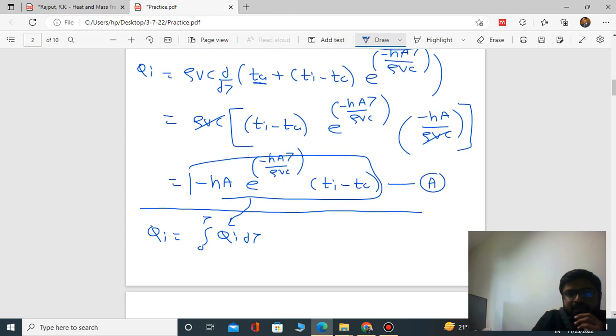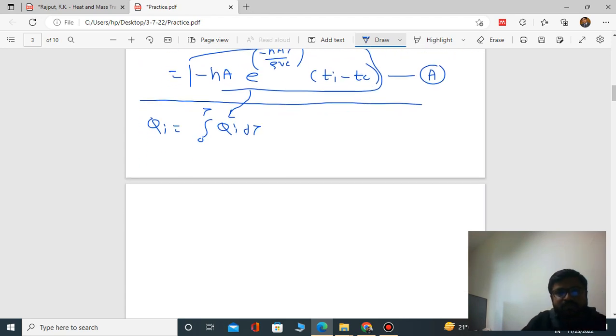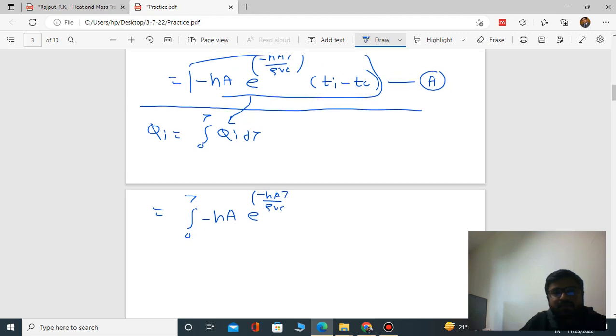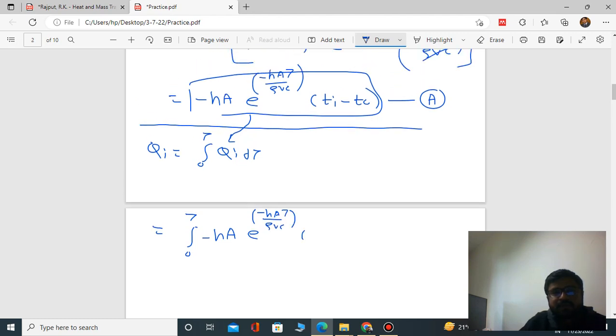So what would be that equation? Here equation would be from 0 to tau, minus Ha, then e raised to minus Ha tau by rho Vc, and here you will have to write down Ti minus Ta.